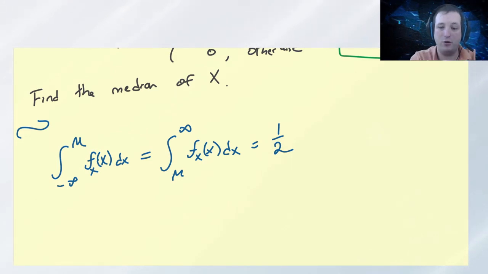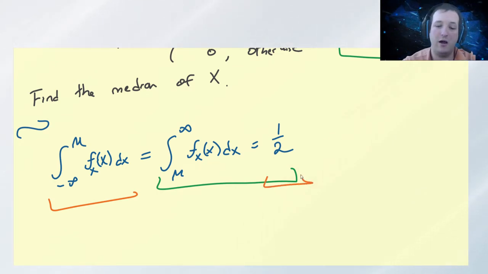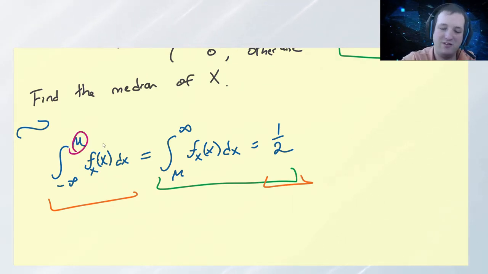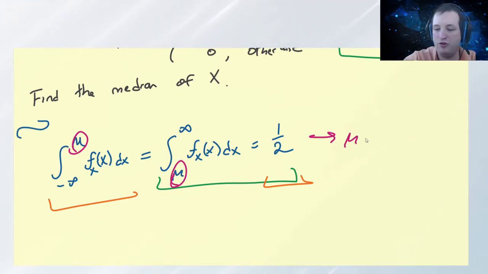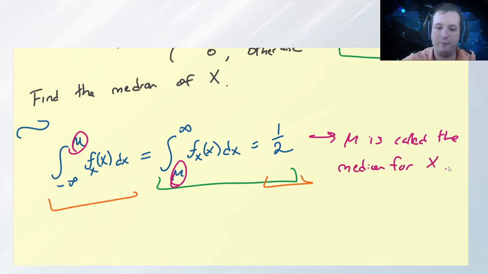You have a couple equations that you can work with. You can either solve the equation from negative infinity to m or from m to infinity, set that equal to 1/2, and solve that equation for m. So m will be called the median for the random variable x.